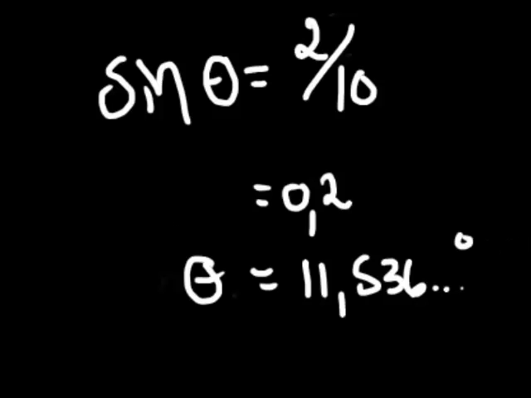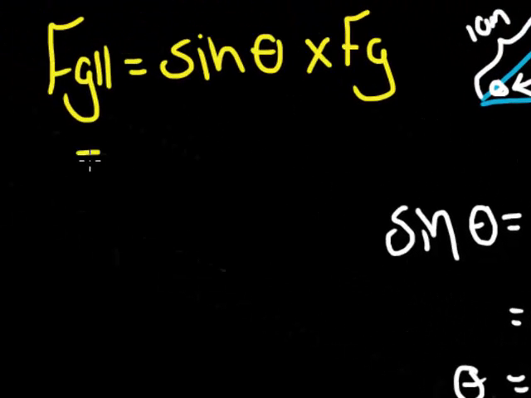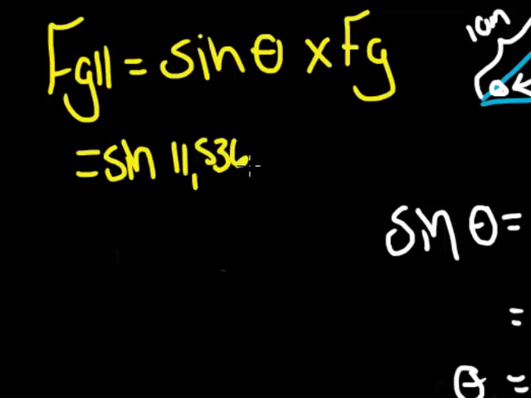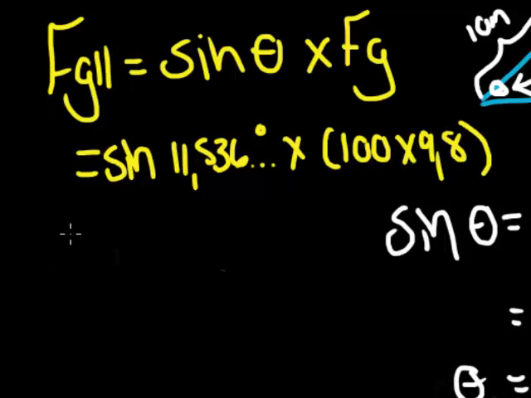Now when we do our calculation for Fg parallel, we'll say sine of this 11,536 degrees with all its decimal places, multiplied by the mass of the friend and the wheelchair, which was given as 100, multiplied by 9,8, and this ends up giving us 196 newtons.